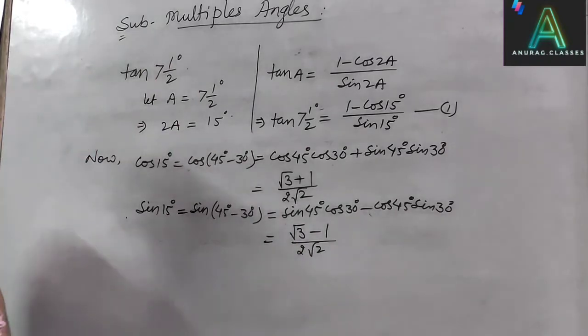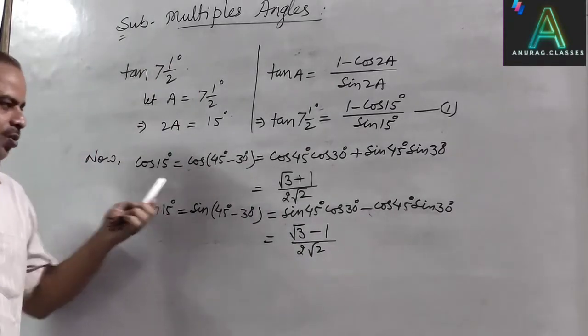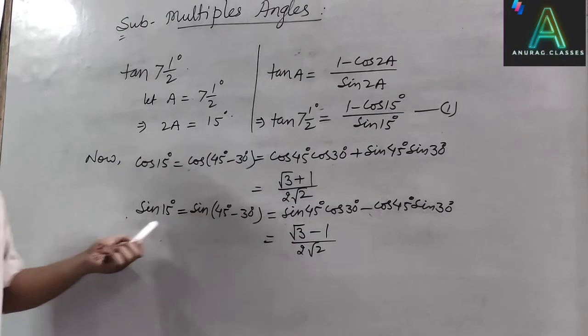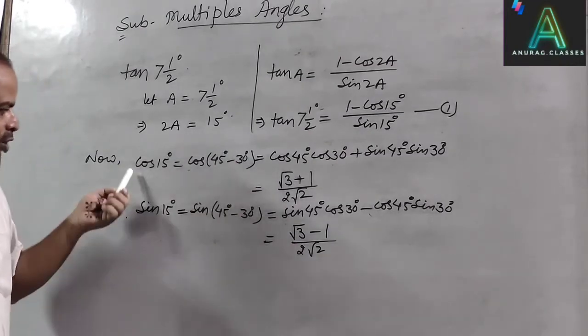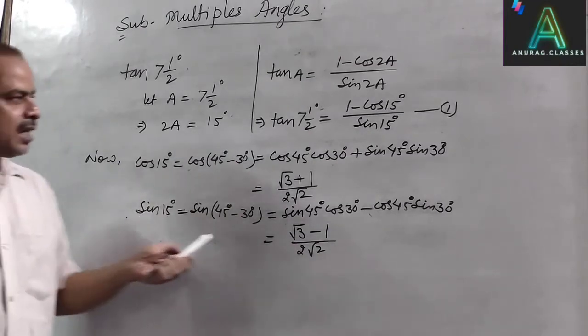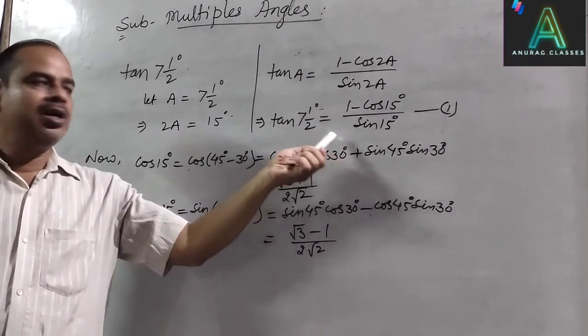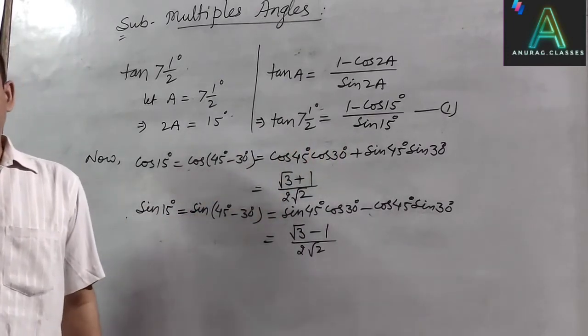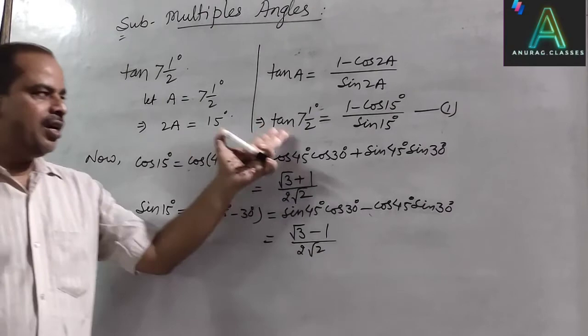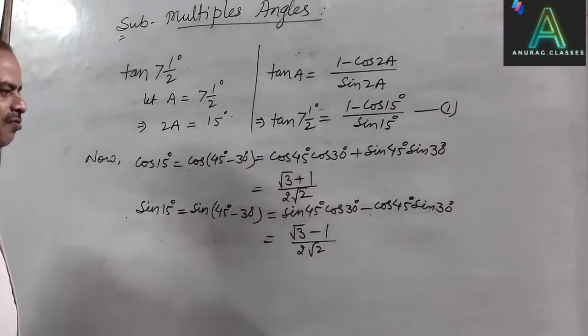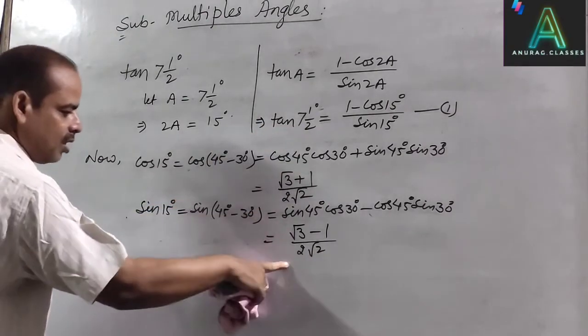So you can see here, students, that we have calculated the values of cos 15 degrees and sin 15 degrees. Now I am going to put the values of cos 15 and sin 15 in equation 1 to find the value of tan 7.5. So let us try to find the value of tan 7.5 now.